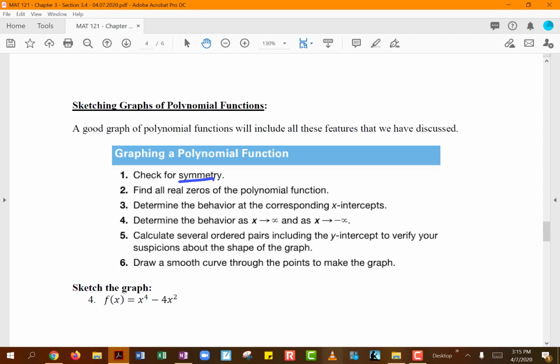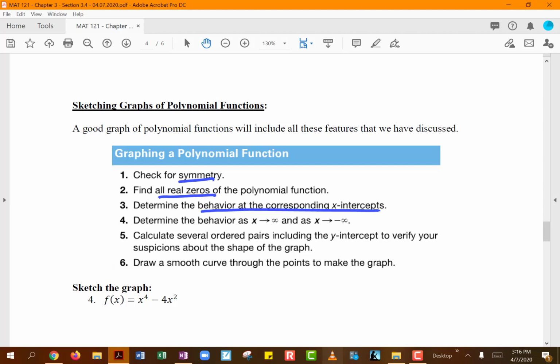Is it an odd function? Is it an even function? Is it a quadratic function that brings its own symmetry? Find all the real zeros, because once you find all the real zeros, then you can talk about the behavior. That is where you're talking about whether your graph is going to cross the x-axis, or just touch but not cross the x-axis.